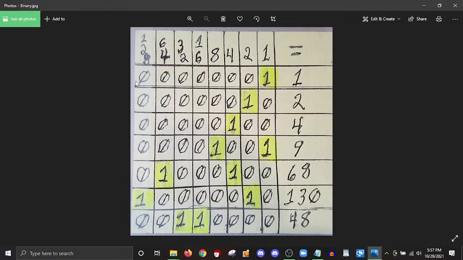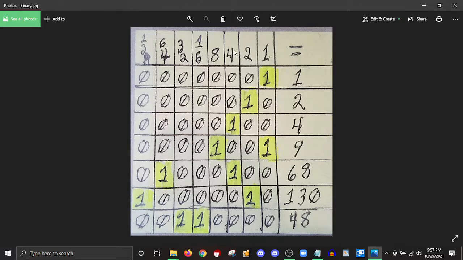So if you look at this grid here, what I've got is bytes of data in binary, and a byte is 8 bits long. And when I'm looking at any byte of data, the value of the bits in that byte are accounted for like this. The rightmost bit is worth 1, and then the next bit to the left is worth double that, or 2.